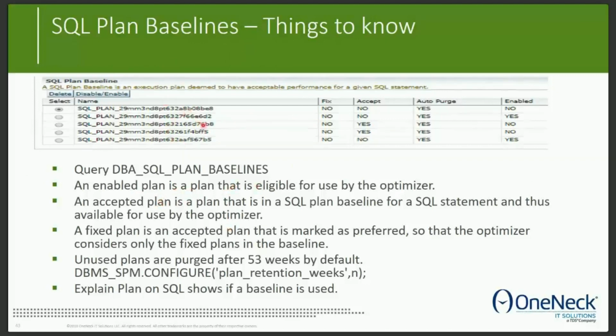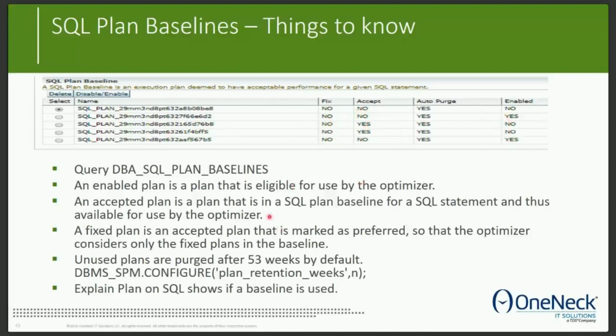When we looked at it, there are like 5 plans here. 2 of the plans are not accepted, and 1 is enabled. These 2 plans are accepted, but they are not enabled. 3 of them are not accepted, but 2 are enabled. So basically, the DBA doesn't have an accepted yes and enabled yes plan. That's why it was not using any plan baseline.